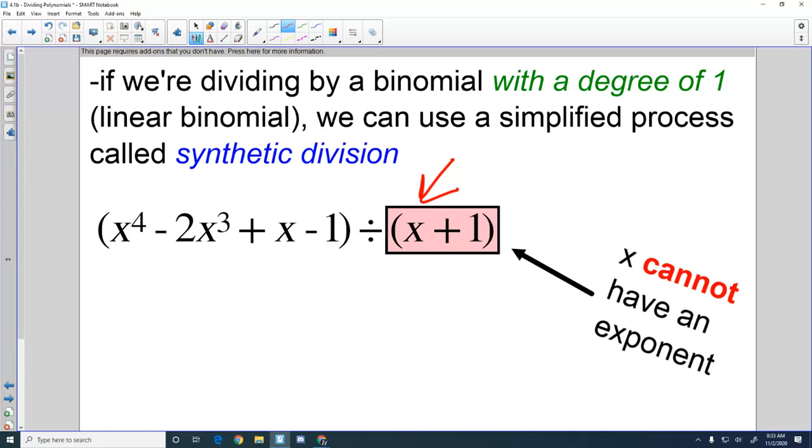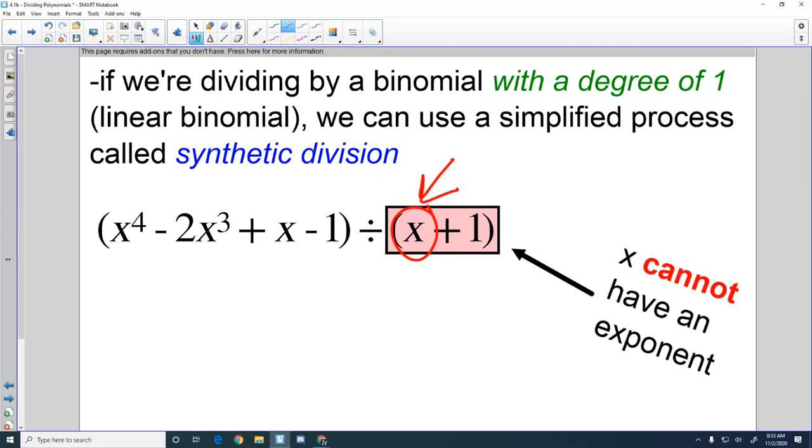If you notice that it's a division problem and it's just an x to the first power, you can use this new super secret, awesome shortcut method that doesn't take nearly as much space, and it is so awesome. But you can only do it when it's just an x to the first power. It's the only way that this works, okay? So you're looking right here at the divisor. It's got to be like an x by itself.